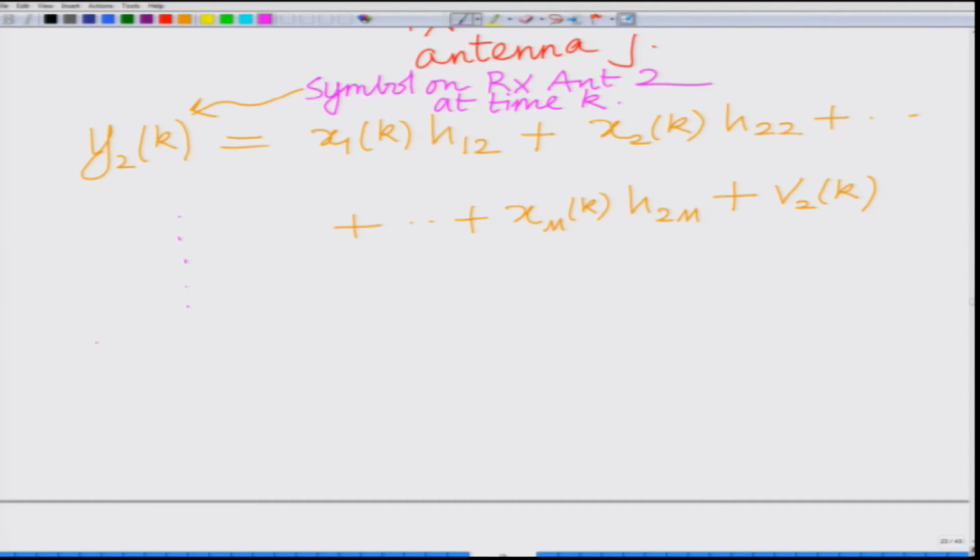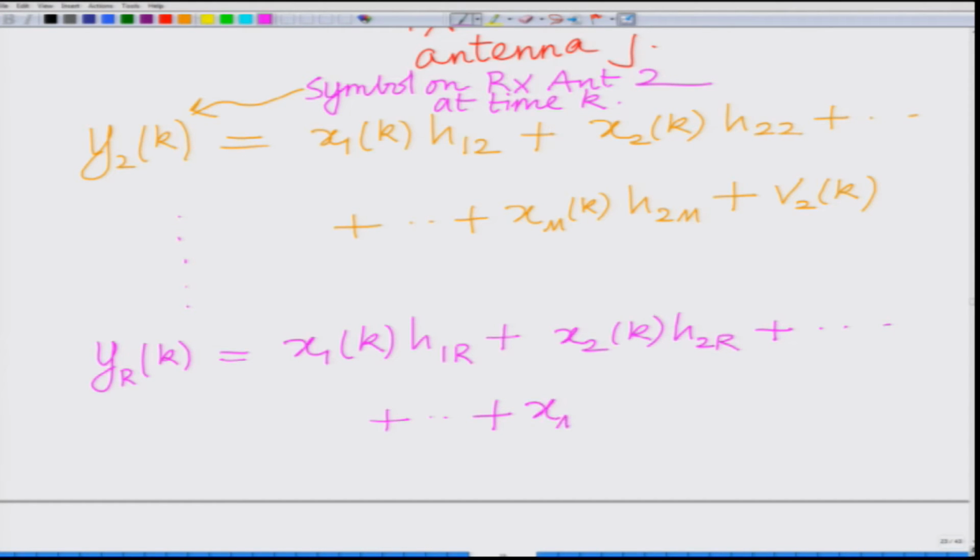I can extend this model to YRk equals x1k h1r plus x2k h2r plus so on plus xmk hmr plus vrk, alright.